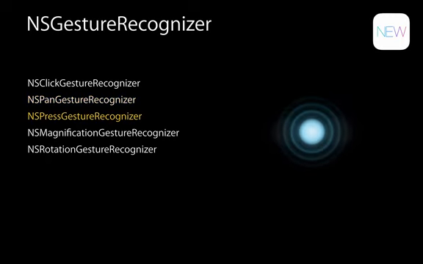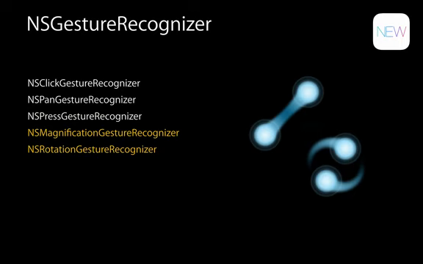And just like the click gesture recognizer, you can set which button to recognize, or a chord of buttons. There's a press gesture recognizer, which is holding a mouse button down with a time component. So a long press is another way that we've set it, but an NSPressGestureRecognizer is a click with a time component. And then we have the magnification gesture recognizer and the rotation gesture recognizer. I mentioned earlier that magnification and rotation are already recognized for us at the hardware level.